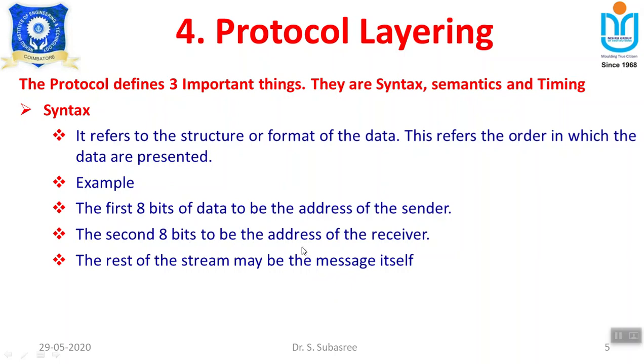The second 8 bits represent the receiver address, and then it has to be embedded. The sender and receiver address will be embedded along with the message. The message is nothing but the data. So syntax is specifying the format of the data, and along with that you need an 8-bit sender address and an 8-bit receiver address. That is called syntax. By using this syntax only you can forward any data to the destination.